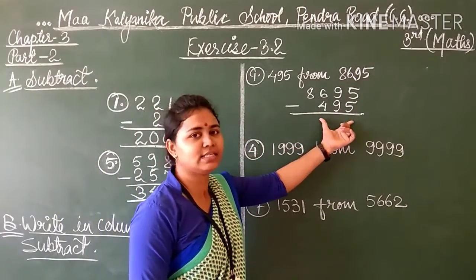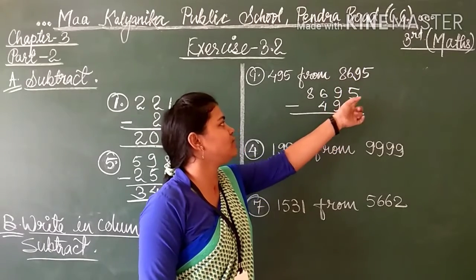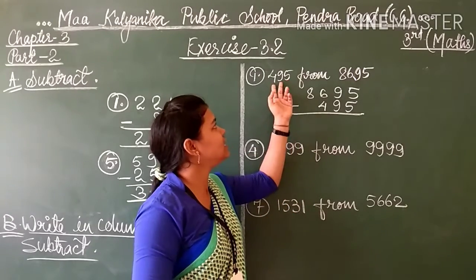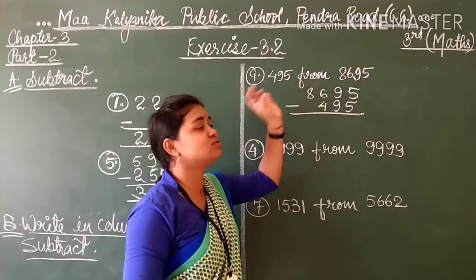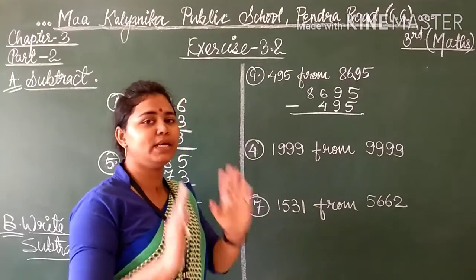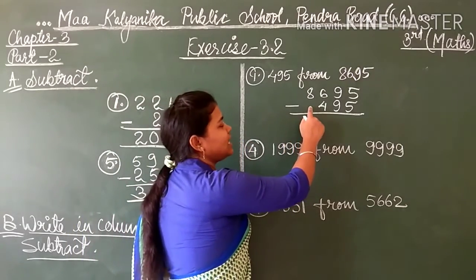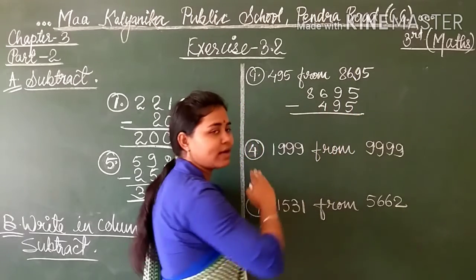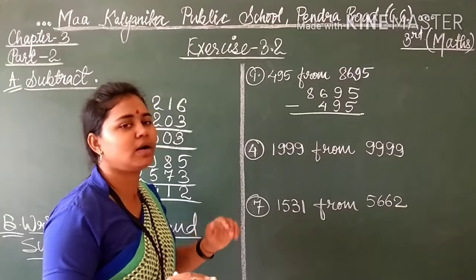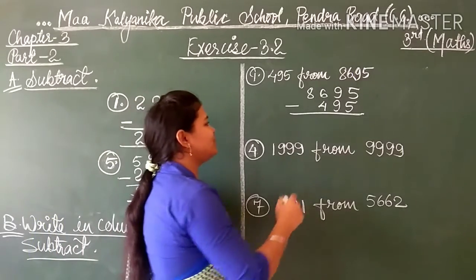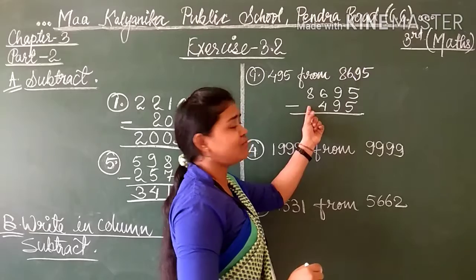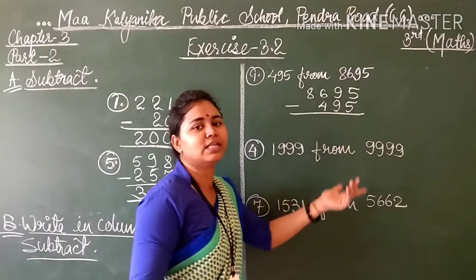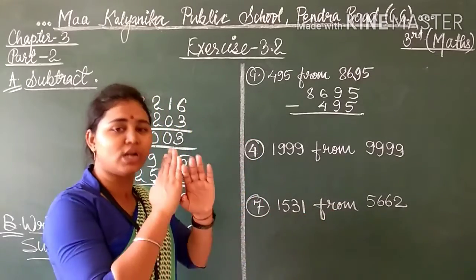Be careful in writing the second number, because the first number has ones, tens, hundreds, thousands. Here, this is a 4-digit number, but this is a 3-digit number. Don't make a mistake in writing this number, because it is ones, tens, hundreds. If you write the second number from the right side, it will be very easy for you. Why? Because if you write 495 from the left side, then in the ones place nothing will be there and that answer will be totally wrong.